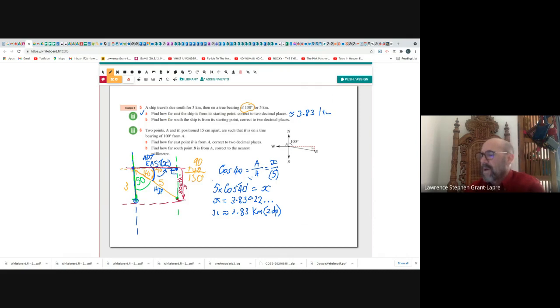Okay, so I'll use opposite and hypotenuse. I'll use sine of 40 degrees equals opposite over hypotenuse. Now our opposite side is our Y value, our hypotenuse is 5. So 5 times sine of 40 will give us the Y value. Now it did say correct to 2 decimal places. So let's find out what 5 sine of 40 is.